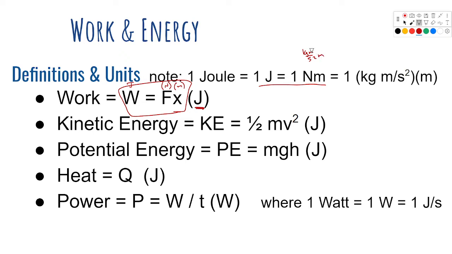So you see how I've got a kilogram. I've got a meter times a meter, or a meter squared, and there's a second squared on the bottom. So that's really the units there. We don't want to write all that mess, so we just say, hey, let's name it after James Prescott Joule, this guy that measured a whole bunch of energy stuff. And so that's why it's named that way.